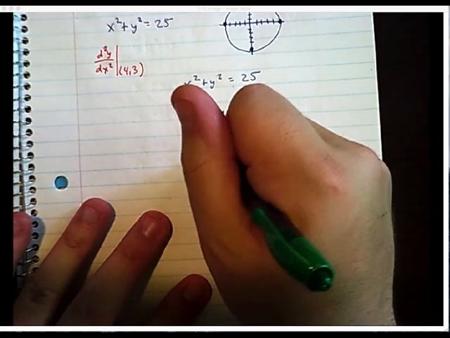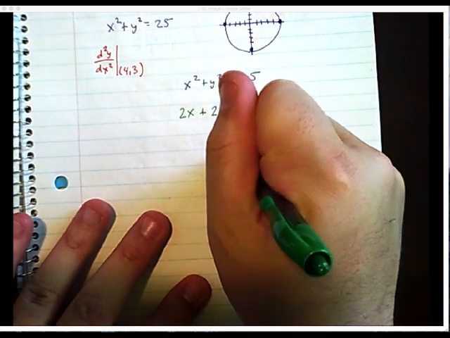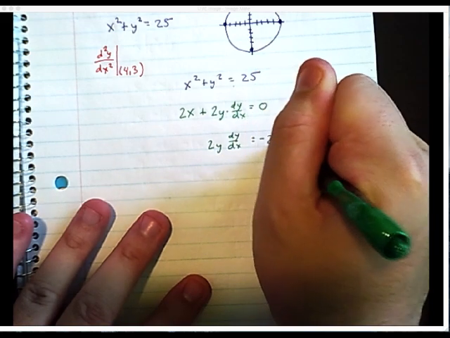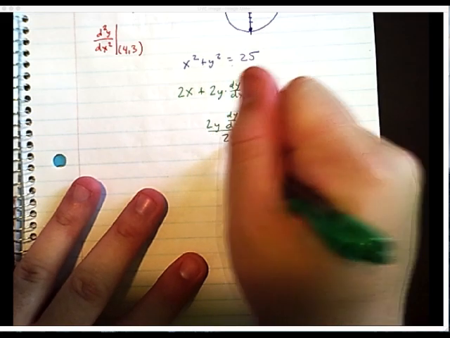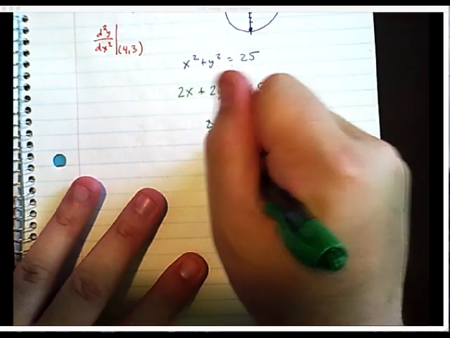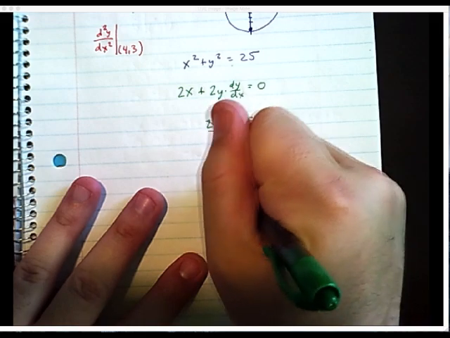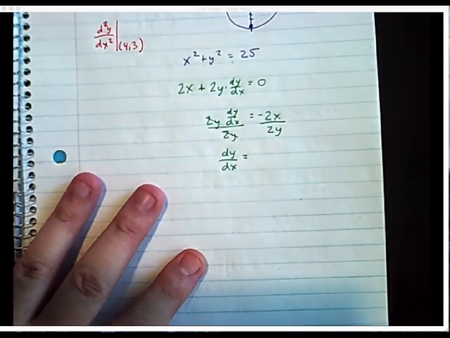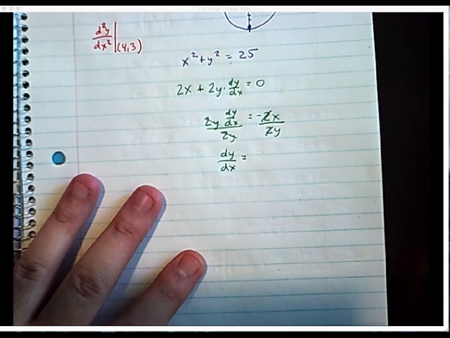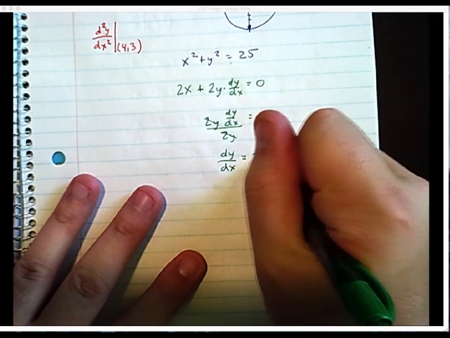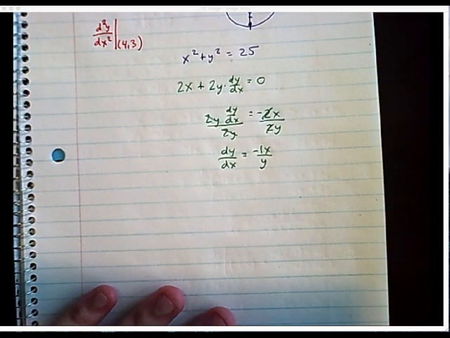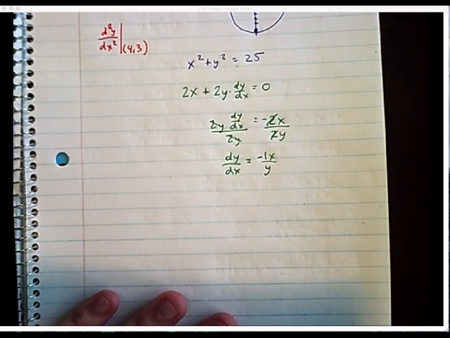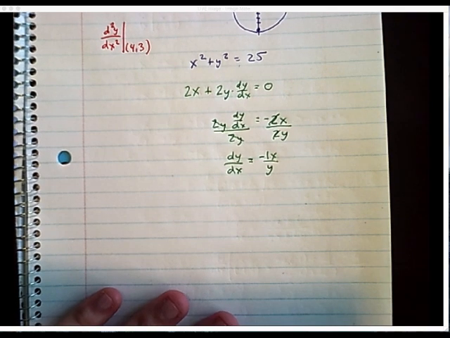So I could subtract 2x from both sides, and then to solve for dy over dx, I can divide both sides by 2y. So in the first derivative, 2 over 2 simplifies. It is basically negative 1x over y. So that right there is the equation of the first derivative.